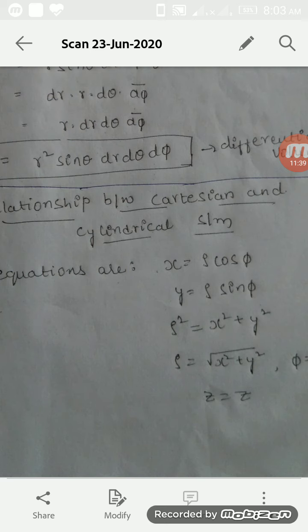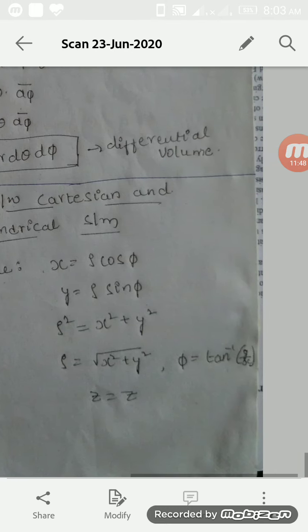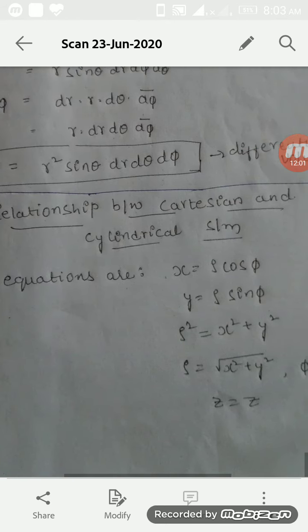So you should always write z equals z. And rho is the root of x squared plus y squared, and phi is tan inverse of y by x. That is the phi definition. So these are the interrelationships between Cartesian and cylindrical systems.